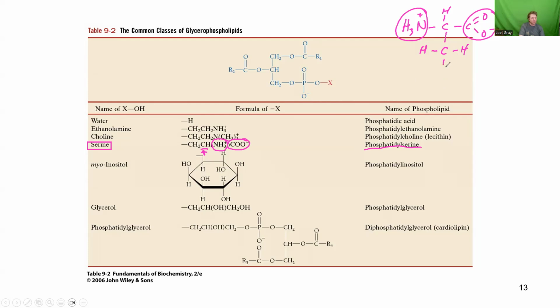And then this bond right here is what actually connects this whole thing to that oxygen right there. So another way to depict this would be, well, there's my carbon, hydrogen, hydrogen, carbon, and H3 plus, HCO minus. Okay, so that's effectively what that looks like.